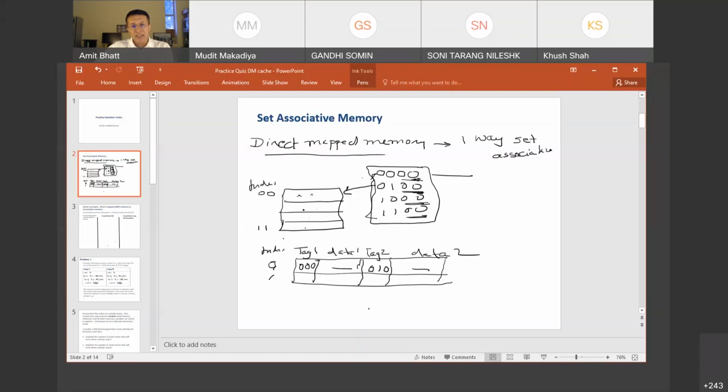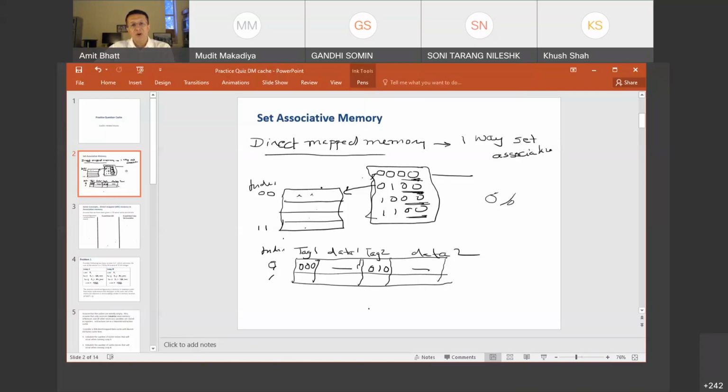And in this particular case, suppose I've written a program using 4 instructions. One is sitting here, one is sitting here, one is sitting here, and one is sitting here. It's a very bad example, but someone has written a program like this. Maybe each instruction is a jump instruction, and from here it is jumping here, and from here it is jumping here, and from here it is jumping here. In this case, my cache hit rate is going to be 0%.